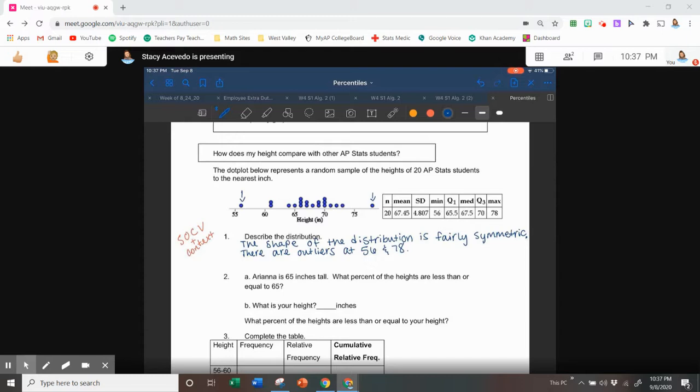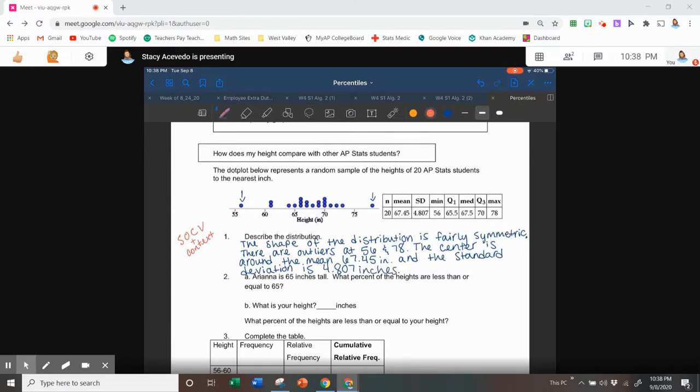In the center is around the mean, since we have our 5-number summary here, 67.45 inches, and the standard deviation is 4.807 inches. So there's a rough description.